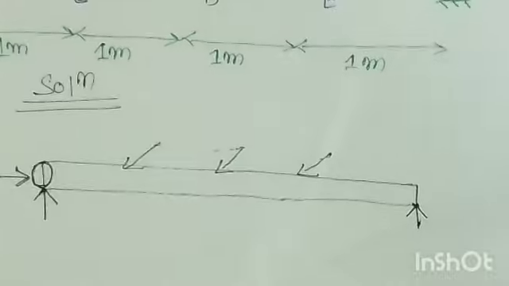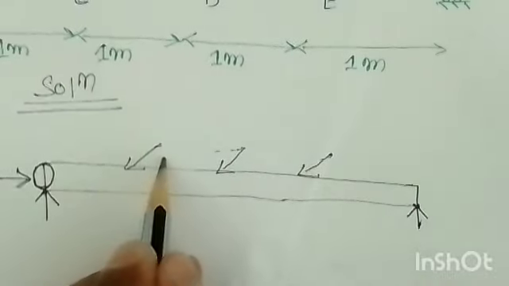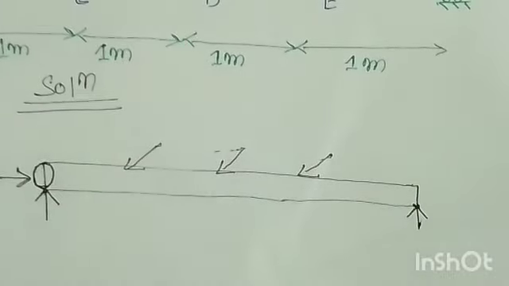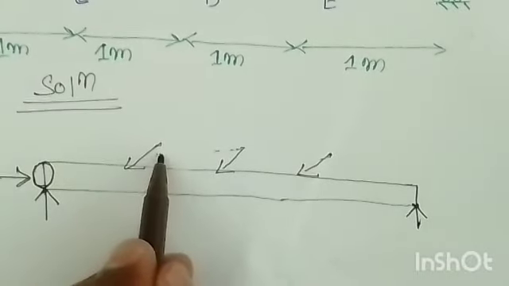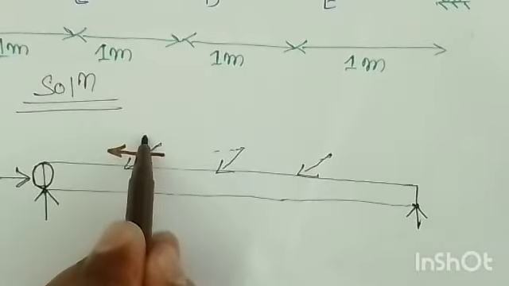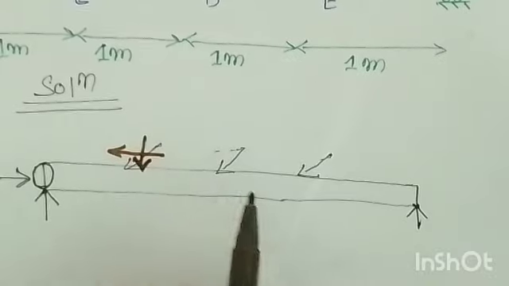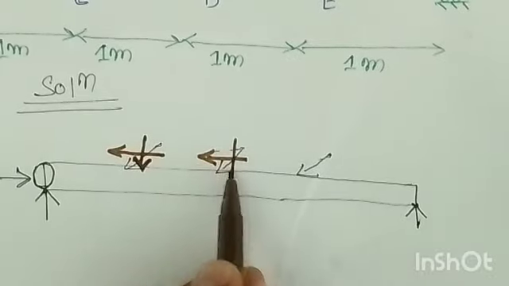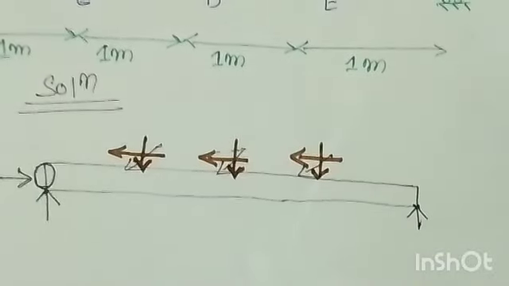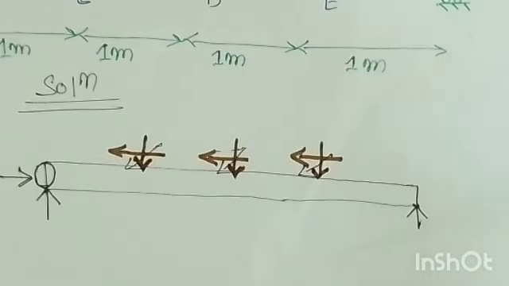Its horizontal component will go towards the left, because the arrow is pointing down. Its horizontal component is like this and the vertical component is like this. Similarly for the next force, and for this one also, the horizontal and vertical components are shown.